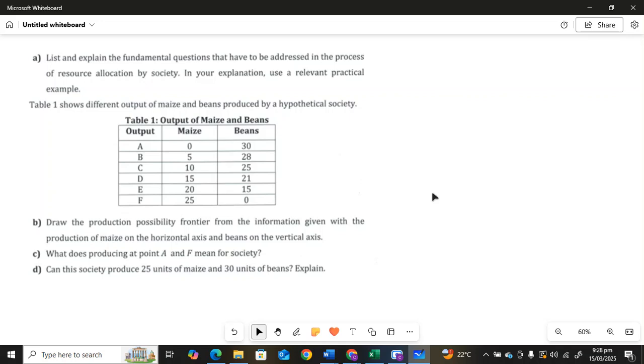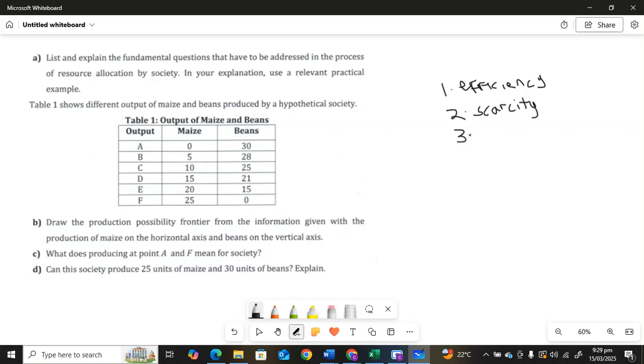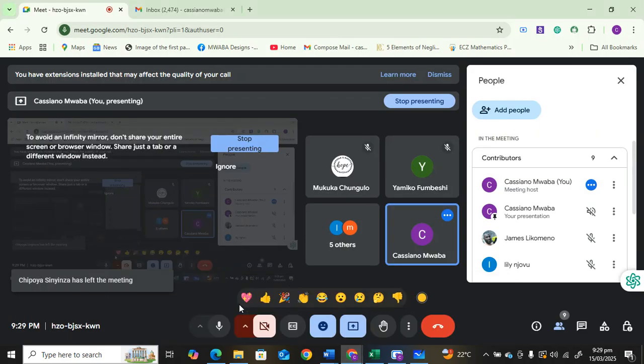Okay. Then scarcity. What is scarcity, colleagues? Scarcity means there is not enough of something, basically.